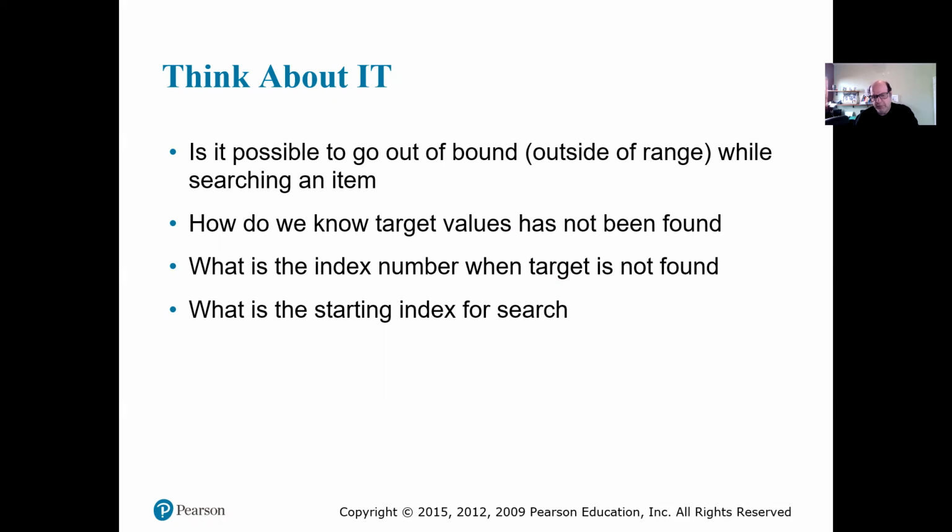What is the index number when target is not found? That means, if I get to the point that I know we didn't find it and I want to print that index number, what is that index number? And of course, what is the starting index for search?